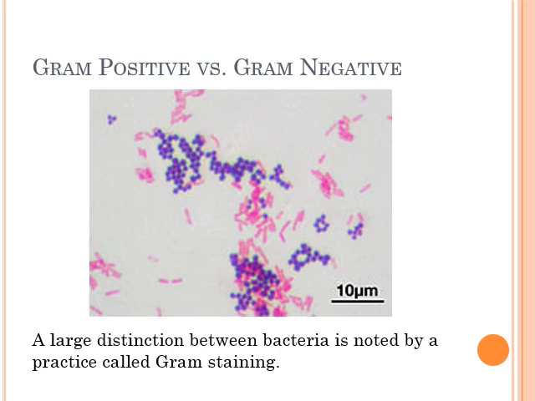The biggest distinction people tend to make with bacteria is the idea of gram-positive and gram-negative. You may have heard those terms before. This is a notation on how their phospholipid membranes are set up. Gram-positive will stain one color, gram-negative will stain another color.